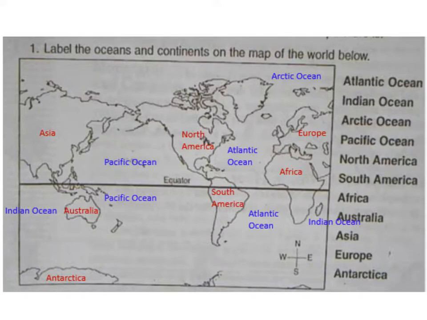The largest ocean, the Pacific, lies between North America and Asia. The second largest ocean is the Atlantic. It stretches from North and South America to the coasts of Europe and Africa. The Arctic Ocean, the smallest ocean, is near the North Pole. The Indian Ocean borders Australia on the west and Africa on the east.